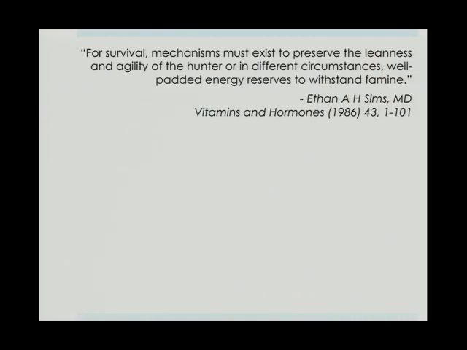Taking a step back and first addressing the evolutionary theory behind body mass index, I'm going to read you this quote. "For survival, mechanisms must exist to preserve the leanness and agility of the hunter, or in different circumstances, well-padded energy reserves to withstand famine." Ethan Sims was a physician in like, I don't know, the 80s or something.